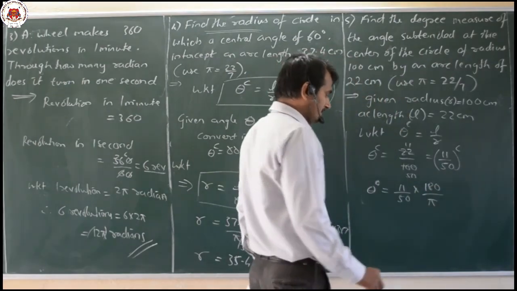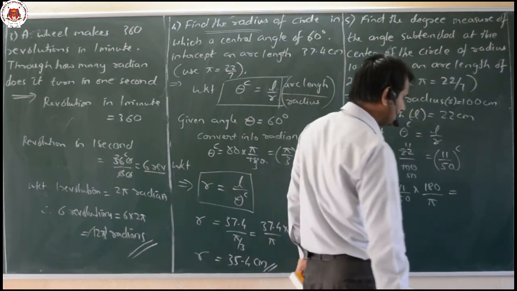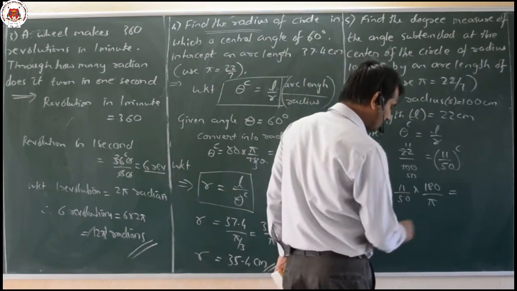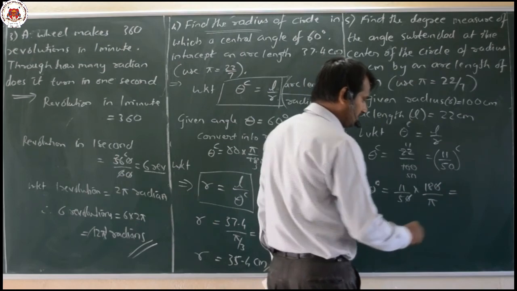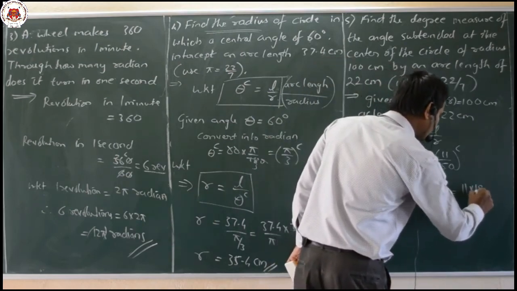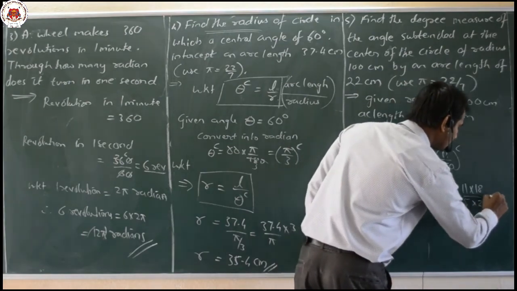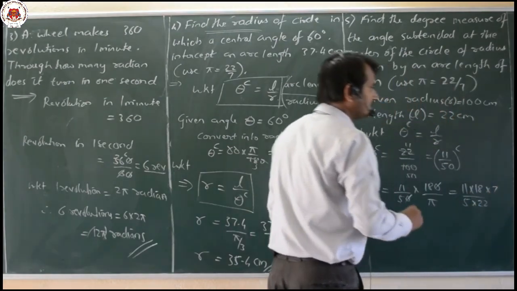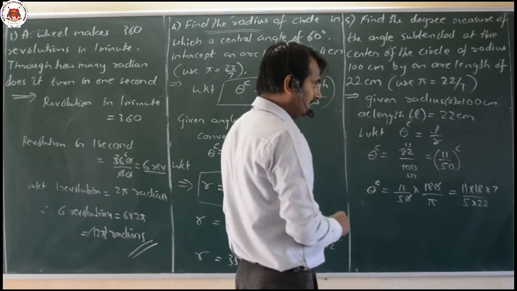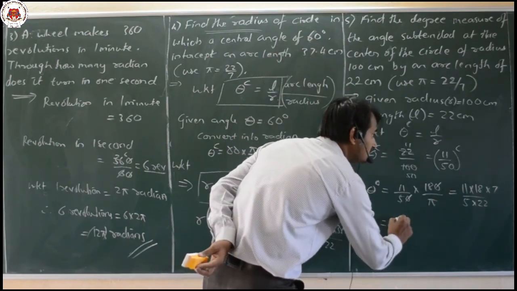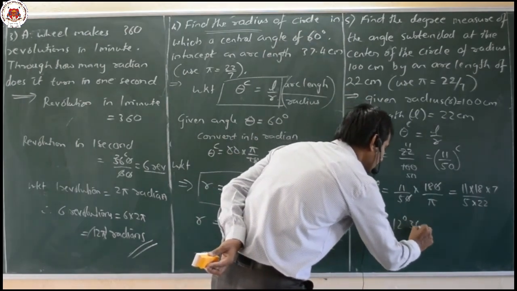Now just multiply. 11 into 18, and 5 into pi, where pi is 22 by 7. Ultimately after calculating, you will get 12 degrees and 36 minutes.